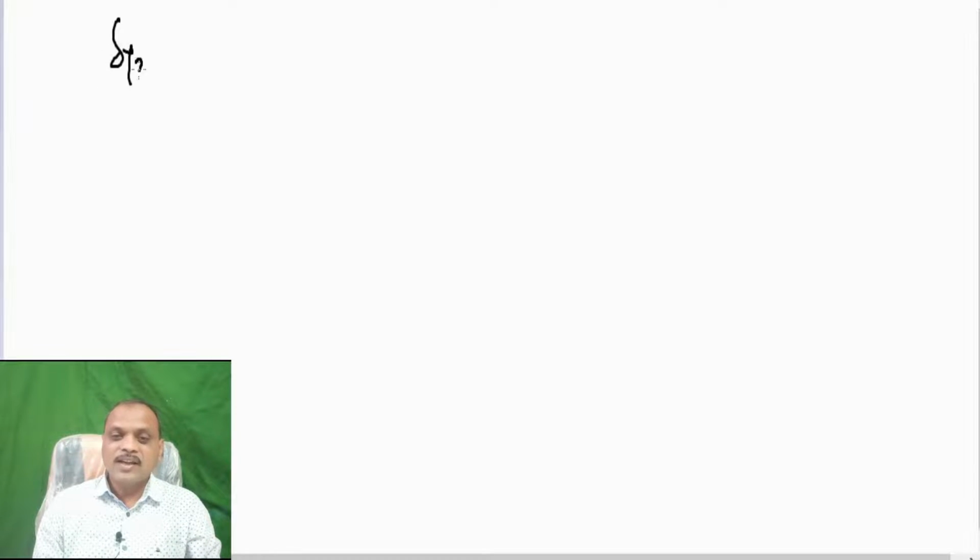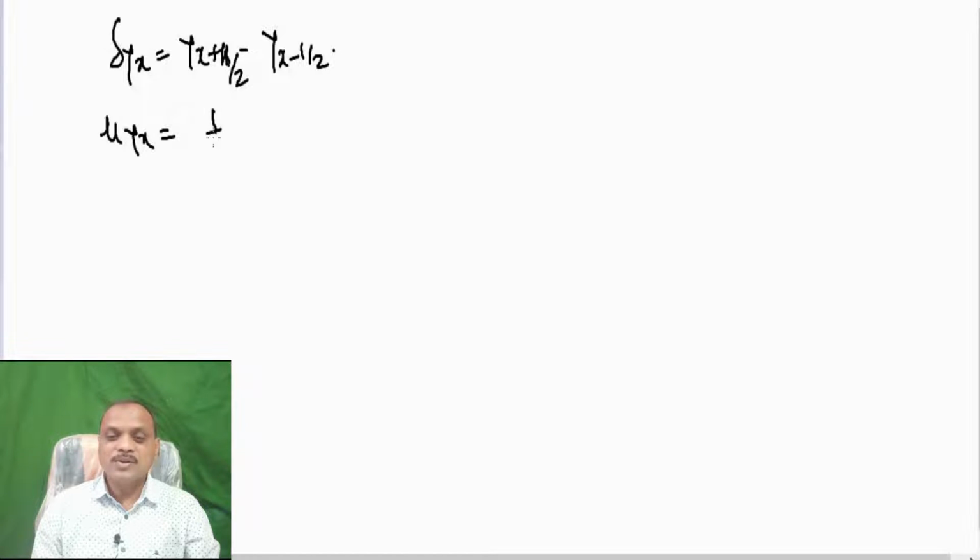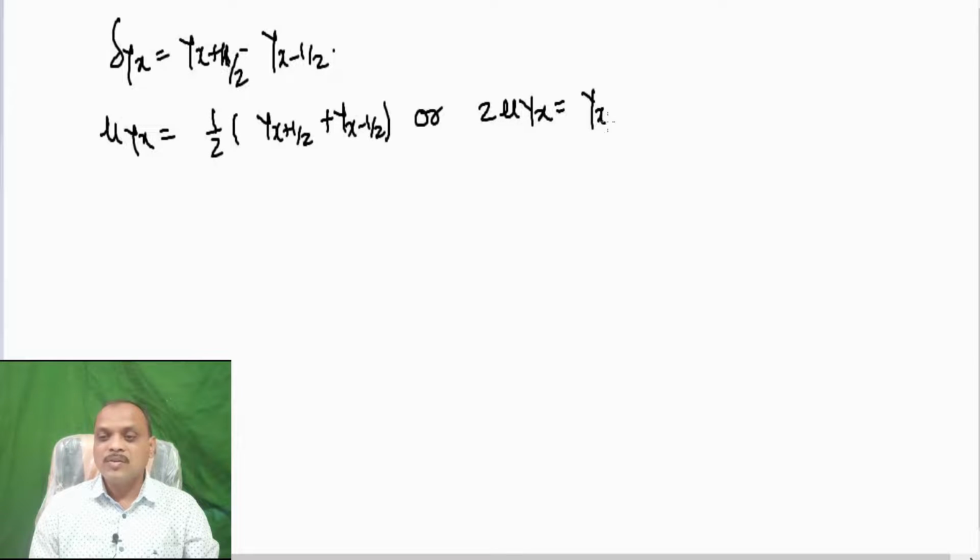Del of y x equal to y x plus 1 by 2 minus y x minus 1 by 2, taking h equal to 1, and mu of y x equal to 1 by 2 into y x plus 1 by 2 plus y of x minus 1 by 2, or we write the same thing as 2 mu y x equal to y x plus 1 by 2 plus y x minus 1 by 2. Equation number 1, equation number 2.